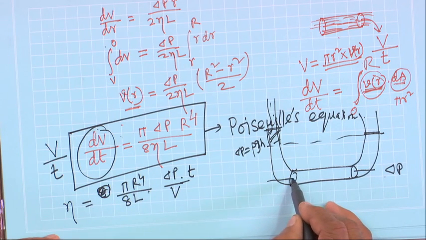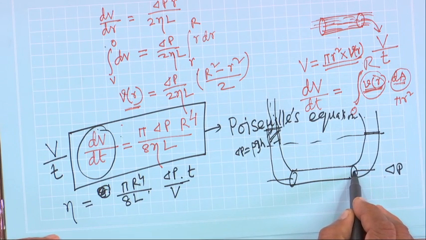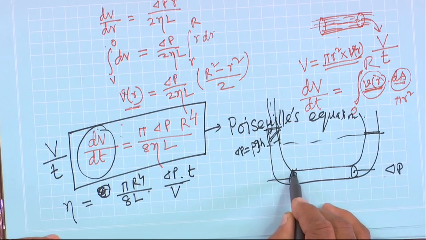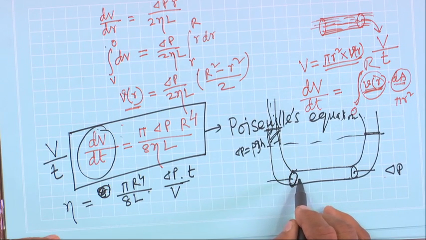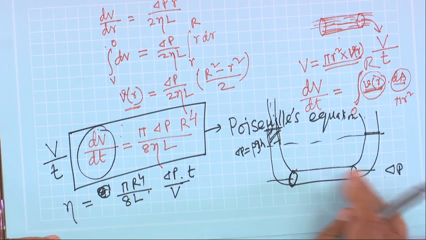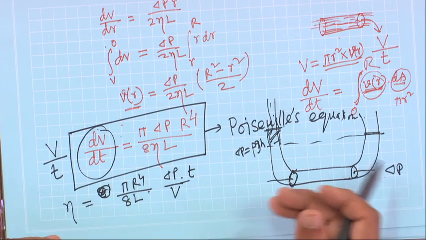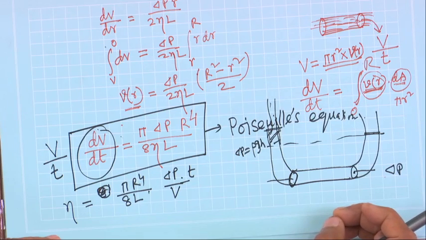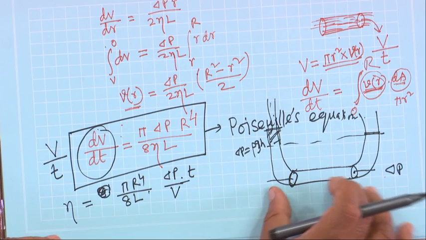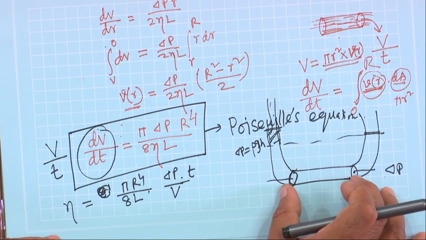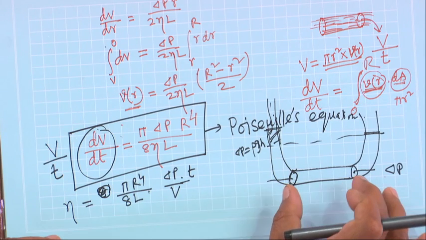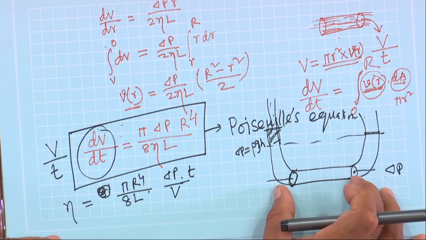Then the radius r. We have to measure the radius of this tube, the internal radius of course. We will use either a travelling microscope or mercury to measure the internal radius of this tube.